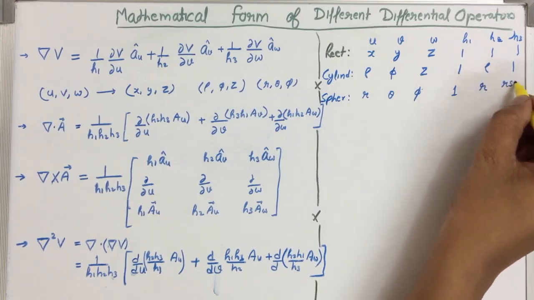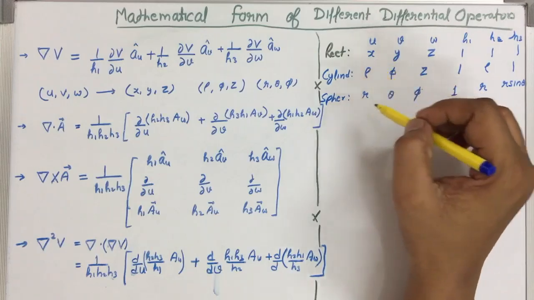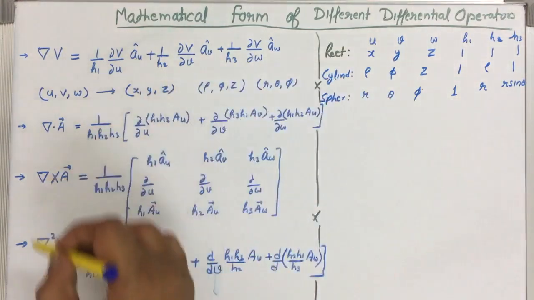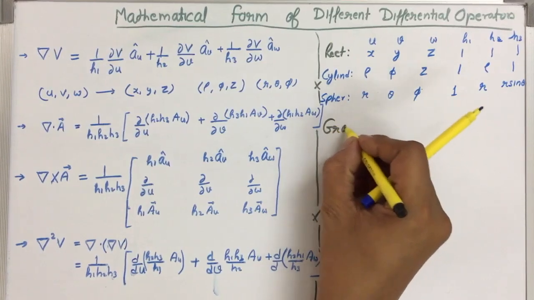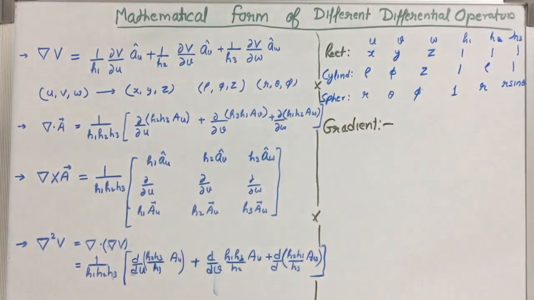So this is the generalized equation. Now on the basis of this explanation, let us try to write gradient of V in different coordinate systems.